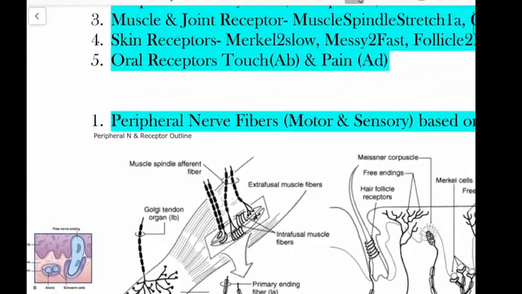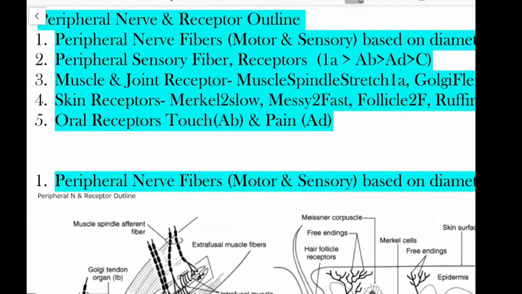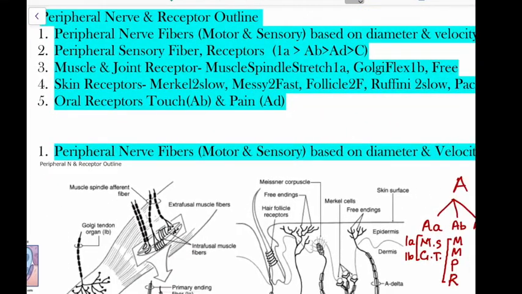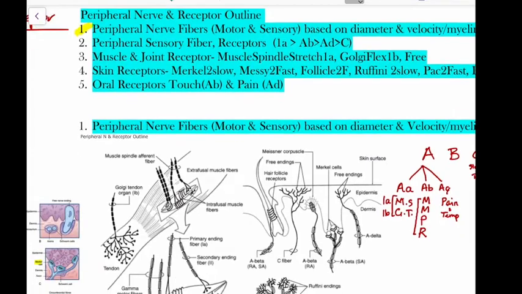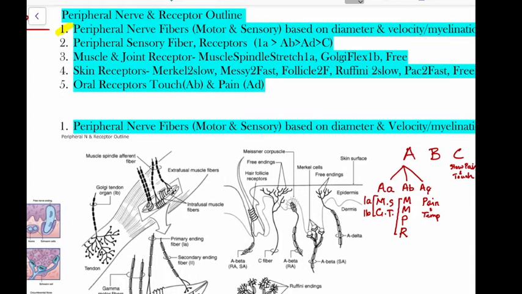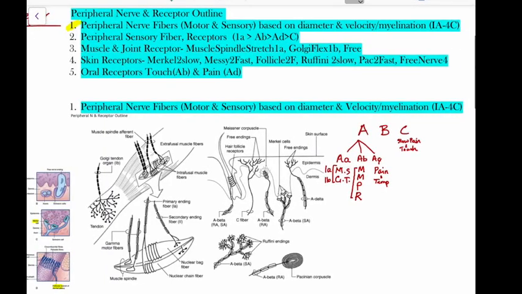And then I would like to start with the outline of our concept today. So we will talk about number one, the peripheral nerve fibers, and we have different types to categorize them. So we will talk about 1 to 4. Then we have peripheral sensory fibers and their receptors, talking more about the stimulus and what type of receptor is activated.